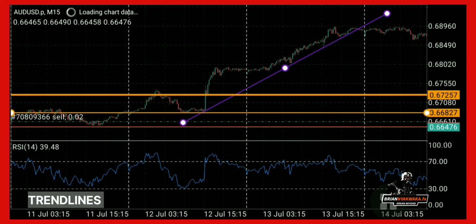It takes two support zones to draw a trend line, like this zone and that zone, and it takes the third one to confirm to us that the trend was an uptrend.